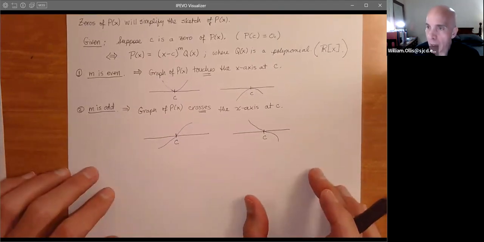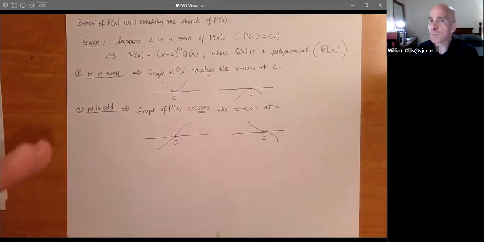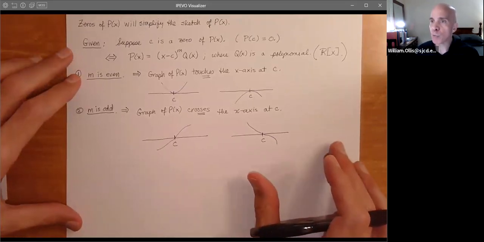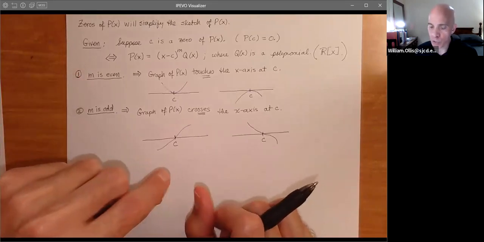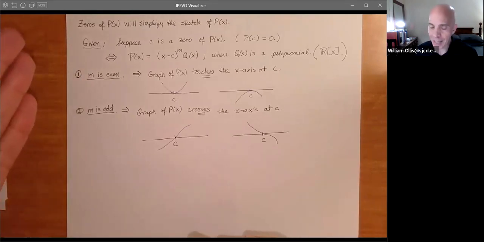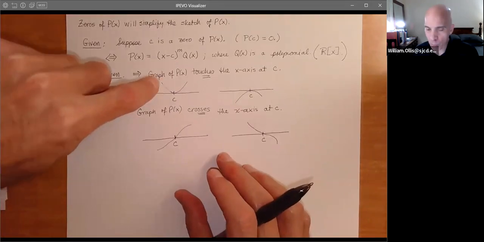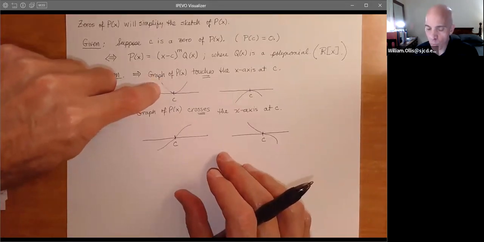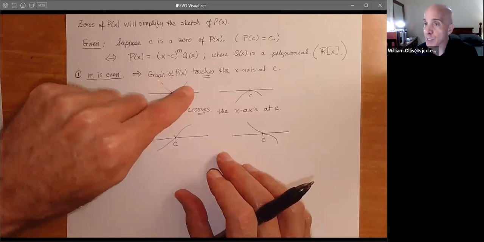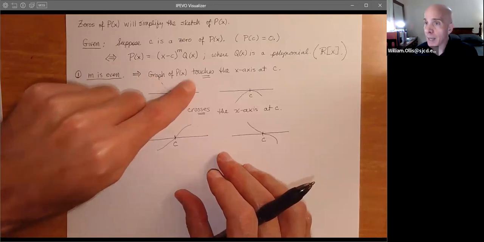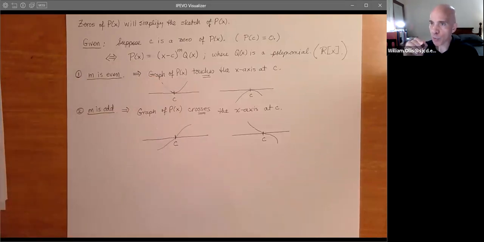So again, in conjunction with the sign test and the end behavior, you're thinking, well, I've got these zeros, so it's got to cross here. When you do your sign test, you think, in this case, I'm above. Well, it's even multiplicity, so I have to stay above. And so you can do a little graph.